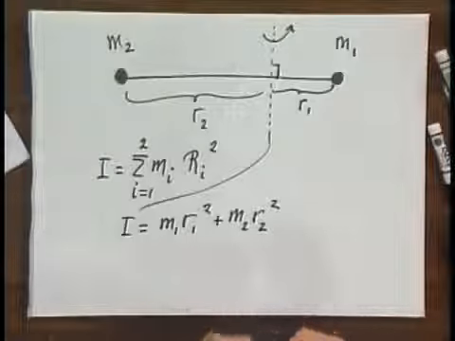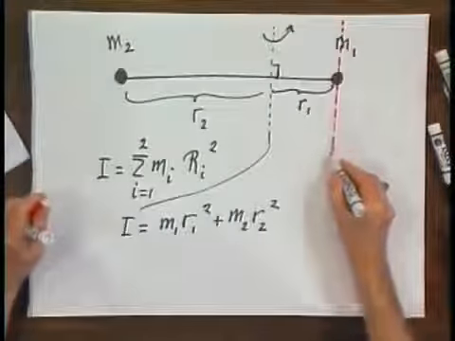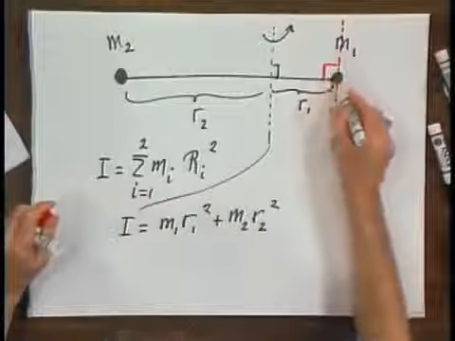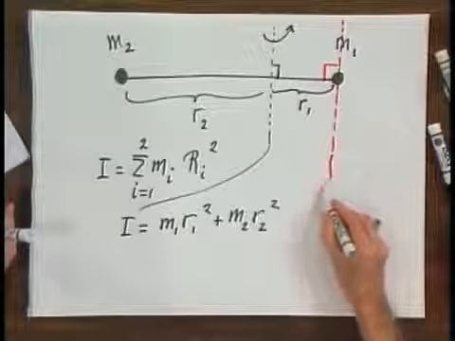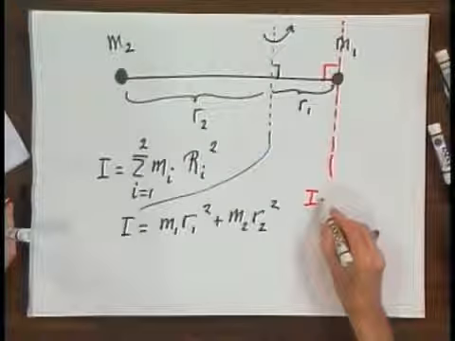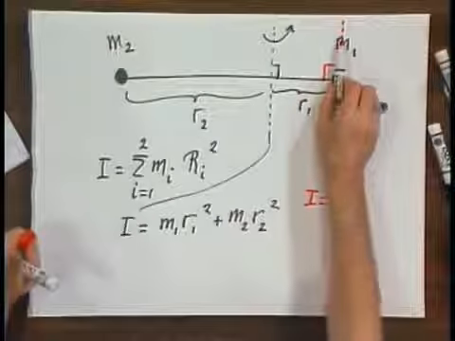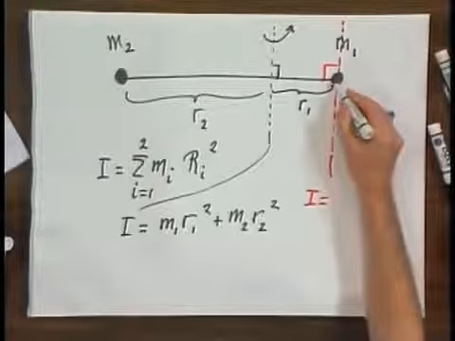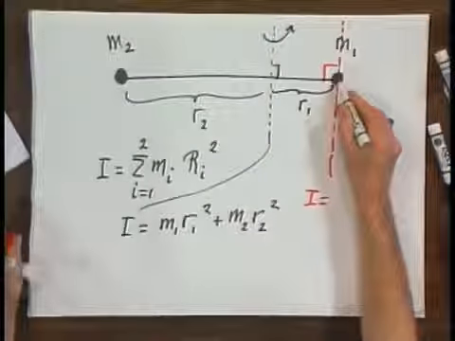Now imagine that I rotate this system about this axis, again perpendicular to the direction that connects the 2 masses. Now I want to know what the moment of inertia is about this axis. Well, since m1 has no size, r1 is now 0.